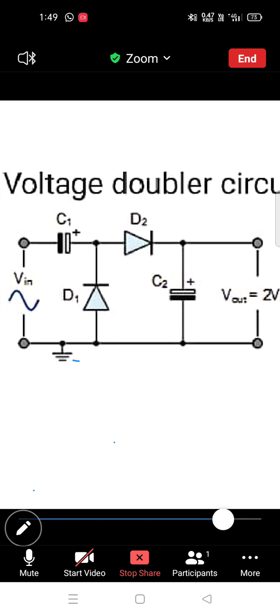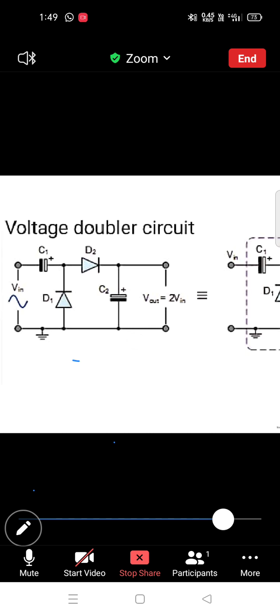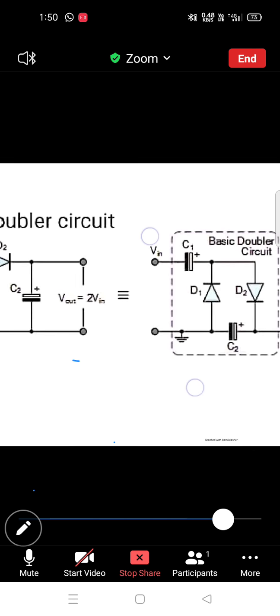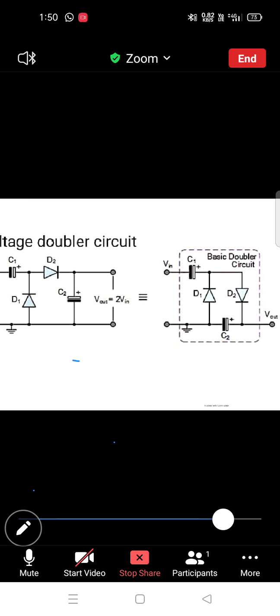So we also have to rate C2 for twice the voltage. We cannot make these two capacitors the same rating. It will not work if we use the same rating for both, because the second capacitor will burn and it will not give us the proper performance and result.